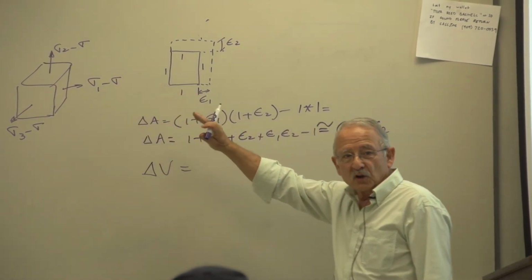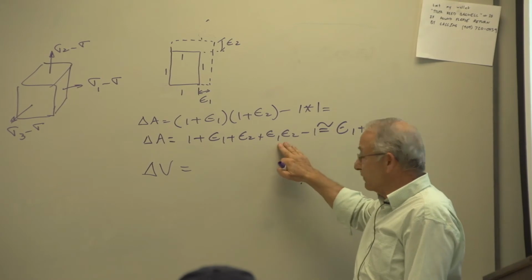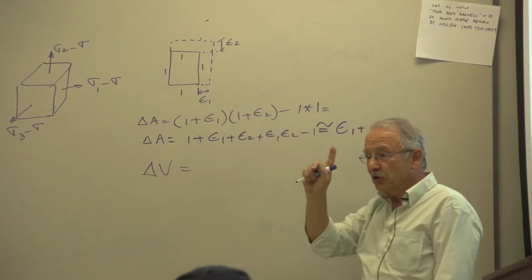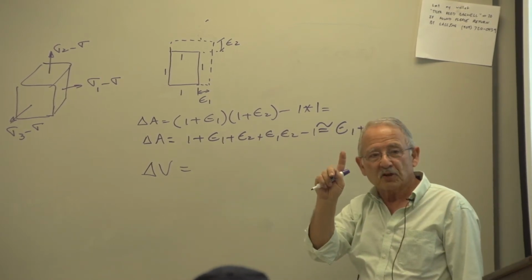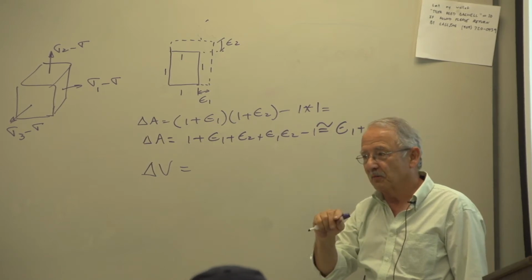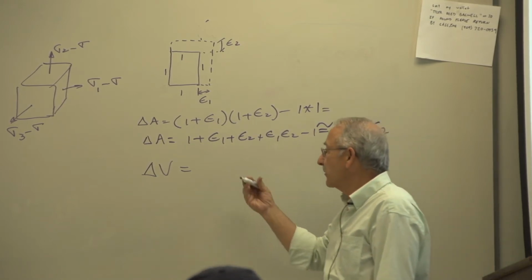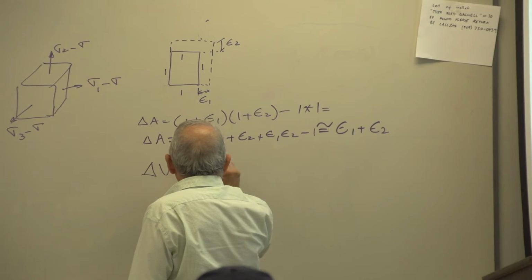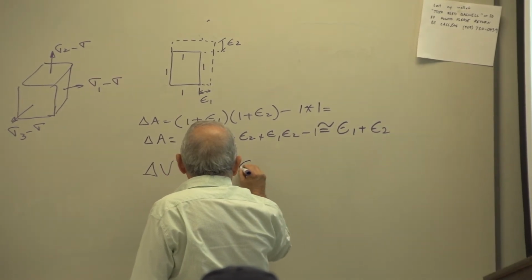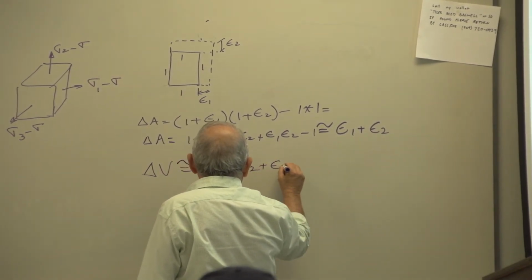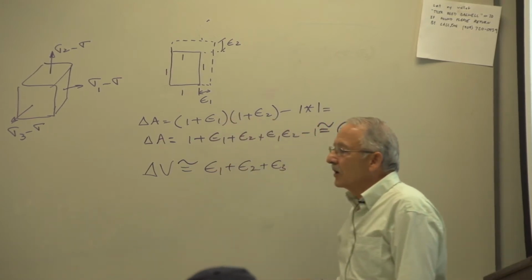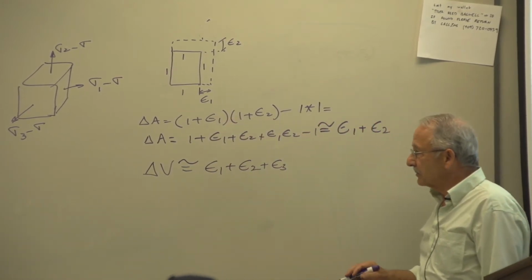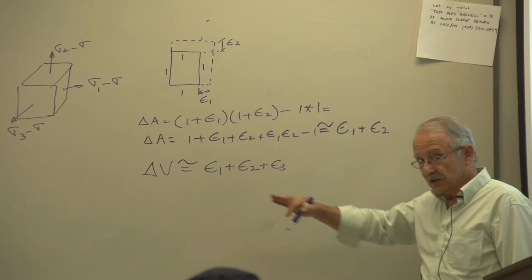You get epsilon 1, epsilon 2, epsilon 3, 3 of these, and one term epsilon 1 times epsilon 2 times epsilon 3, all 3 of them multiplied by one another. So this is approximately equal to epsilon 1 plus epsilon 2 plus epsilon 3. So this is the change of volume.